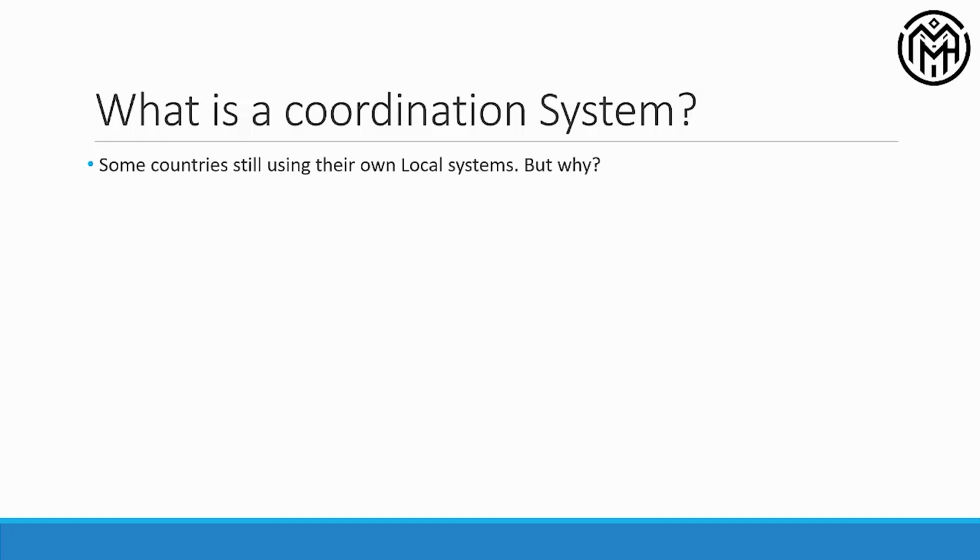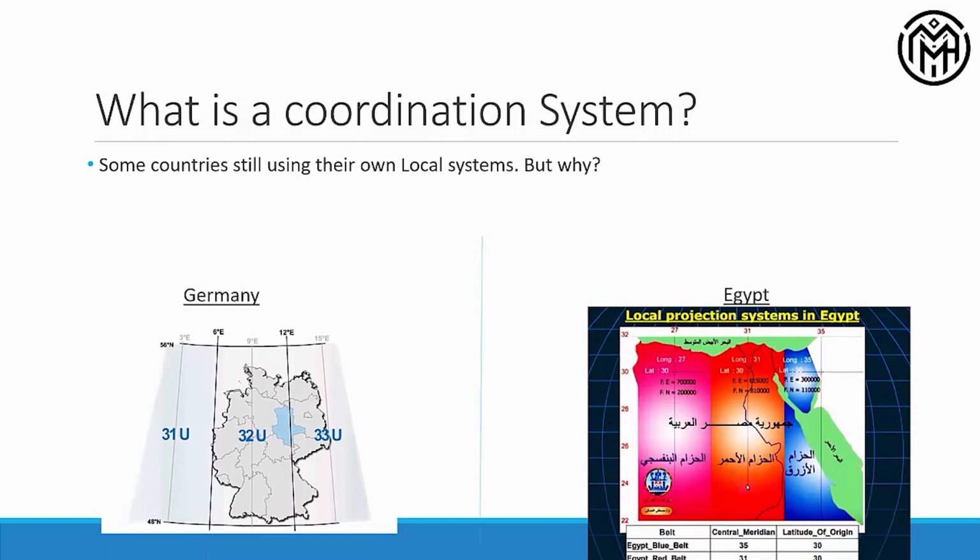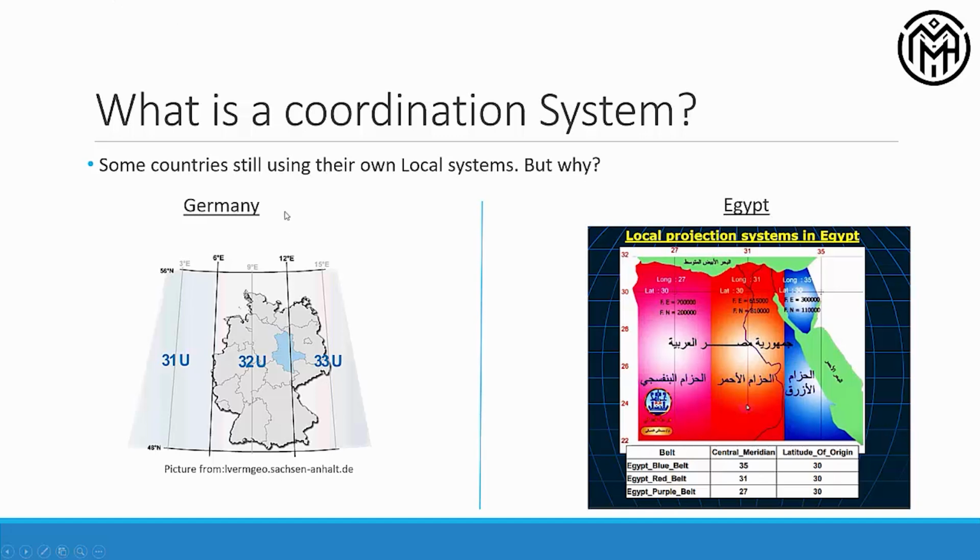And to understand why they are using their local system or a different coordinate system, I will have to give two different examples for two different countries. The first country is Germany, and the second country is Egypt, because I already worked in both of them, and I worked with different coordinate systems in both.